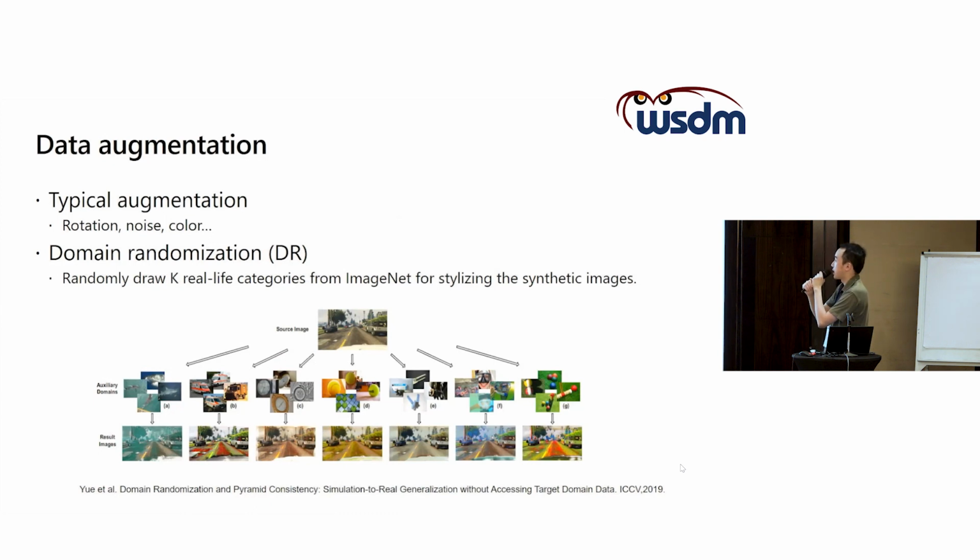The idea is to randomly draw images belonging to different categories from ImageNet, and then apply stylization and synthesize images based on the training data that we have. Here I show you one example of applying this idea to the problem where the data are not sufficient during the training phase, and we can find that the performance is improved to some extent.